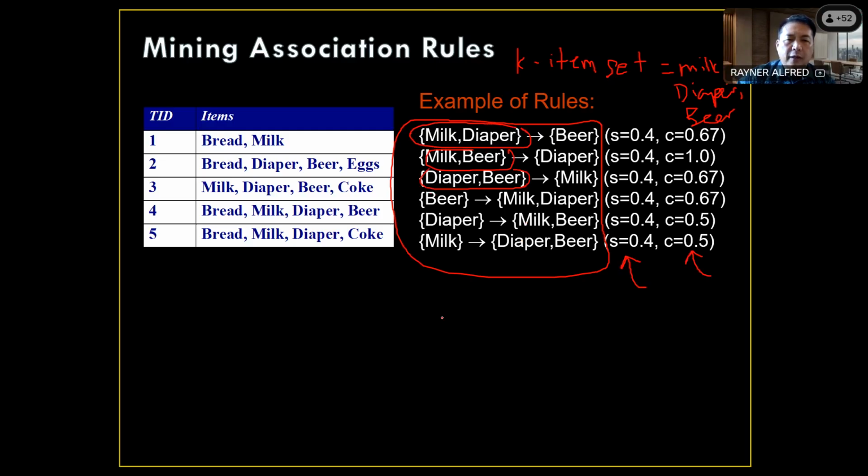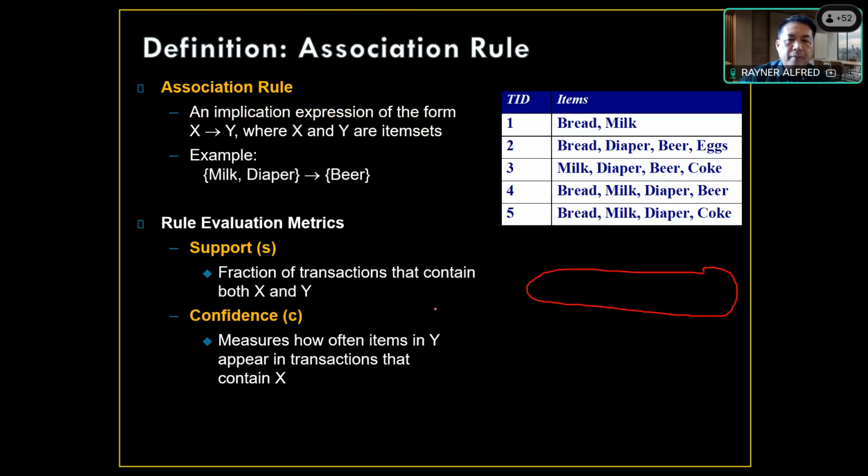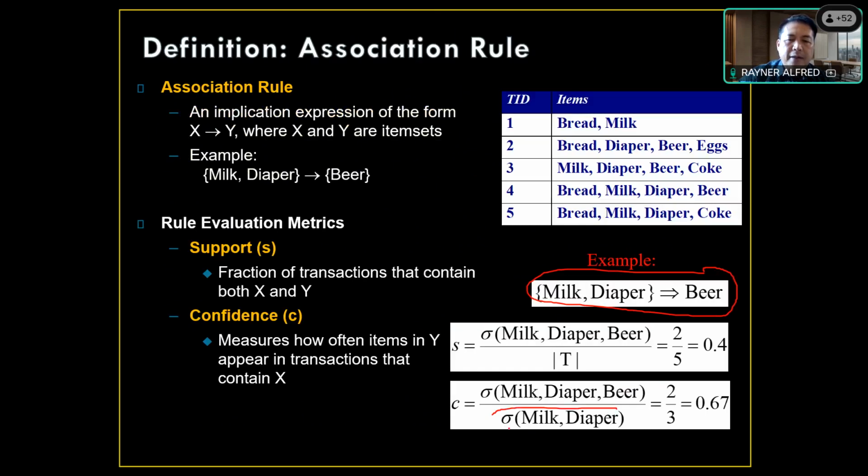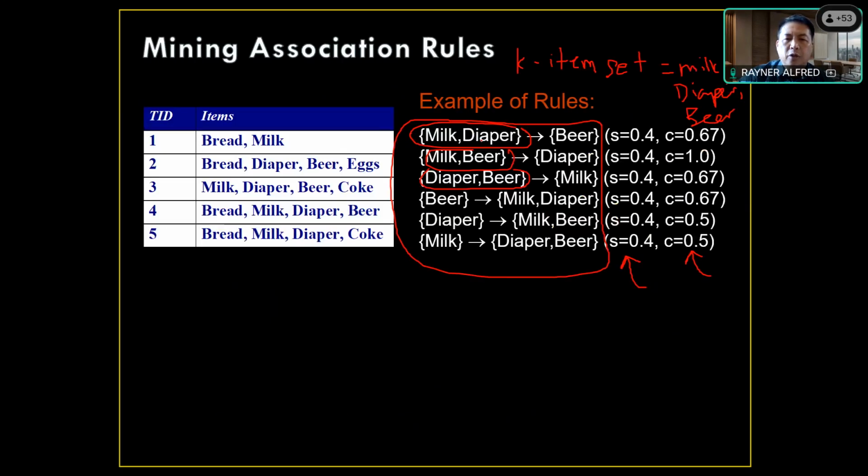So if we look back at the confidence here, your confidence is highly dependent on your X. They count the number of rows that consist of this X. So for the same k-item set, you will see the same support, but for the confidence, you will have various numbers because it all depends on the occurrence of items in the X variable only.